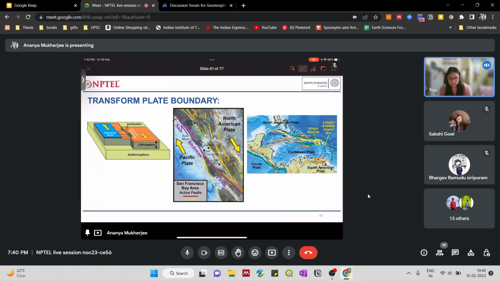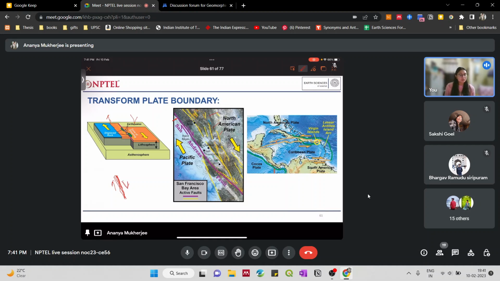You can see over here the rocks are being moved past each other. That's the only thing. And because of the movement along the plate boundaries, this entire region is going to stay deformed. This place is also one of the active seismic places, which means a lot of earthquakes happen here because of this movement of the plates against each other.